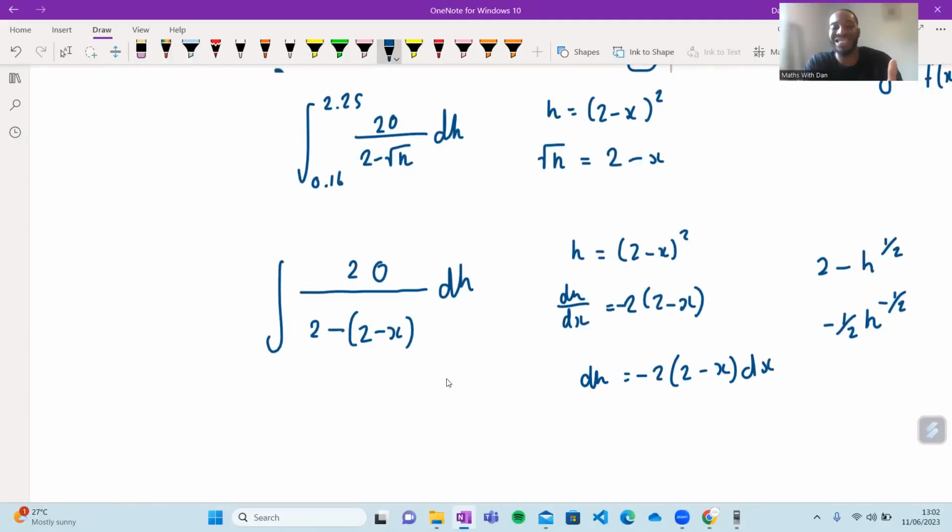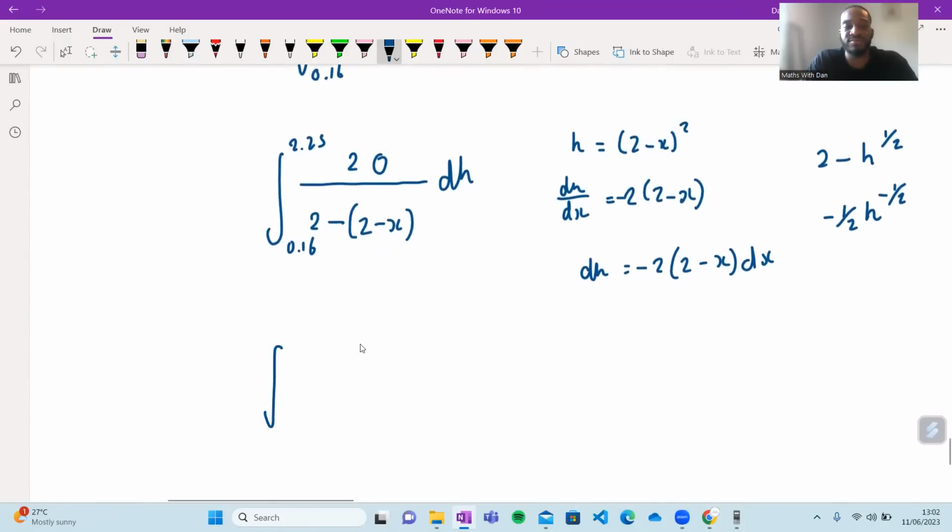And I'm just going to replace that in my integral. Now, let me not forget my limits, because I need to change these too, don't I? So I've got this here. This will be 20, and then it will be 2, or you know what, I can tidy this up now. 2 minus 2 will cancel, and then it will be plus x. This is just x on the bottom, isn't it? And then dh is that.